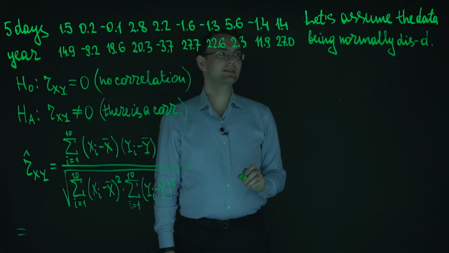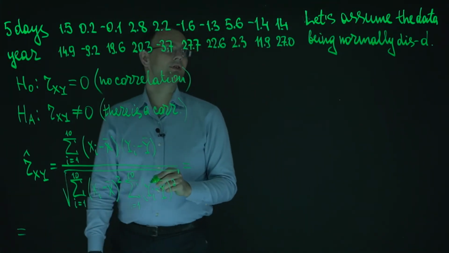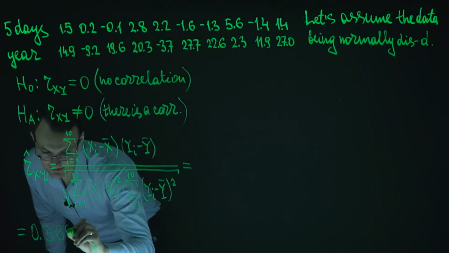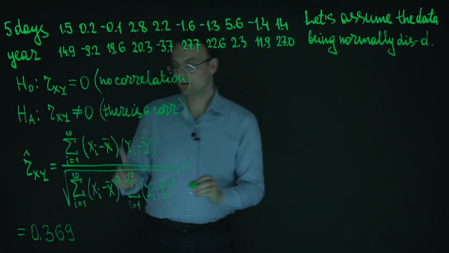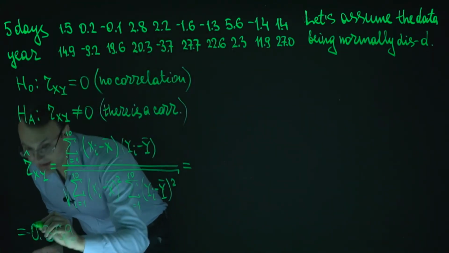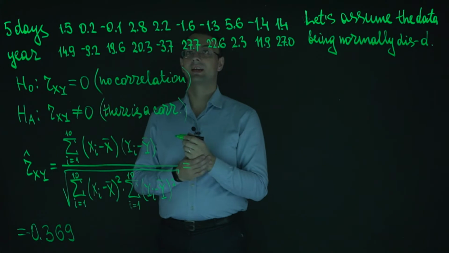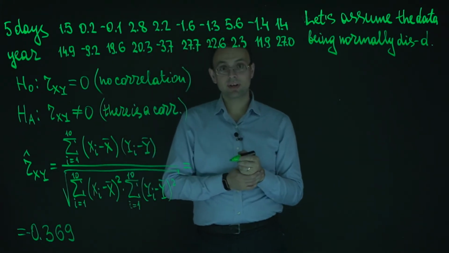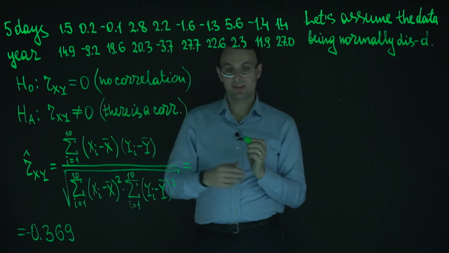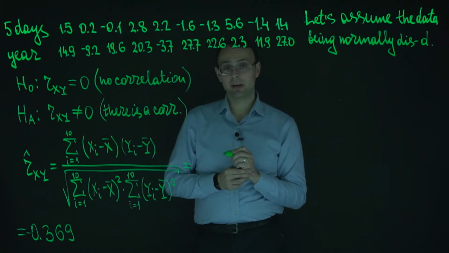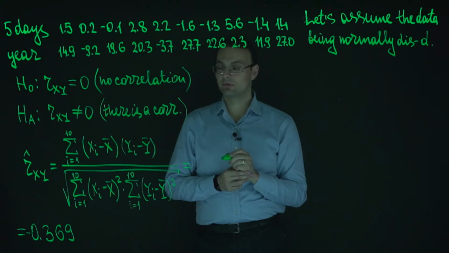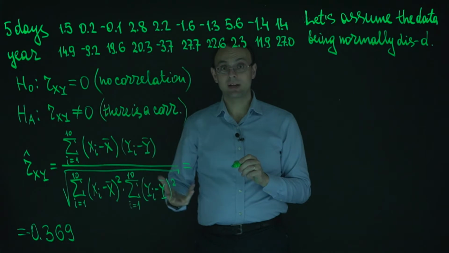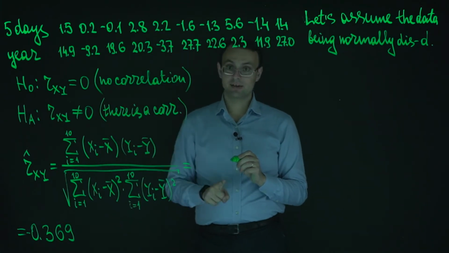The sample correlation coefficient is equal to, I'm sorry, minus 0.369. So we expected positive correlation, but it is negative. Not very high, not very close to minus 1, more close to 0, but still negative.